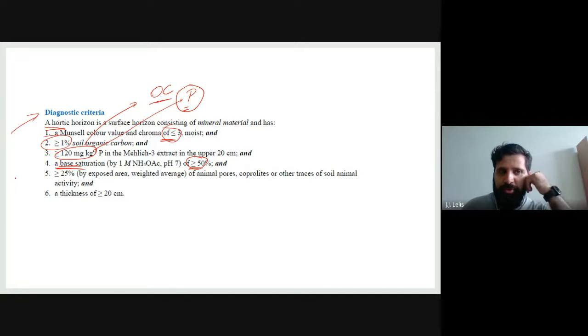So it should present a dark horizon with a lot of phosphorus and a lot of nutrients. And we discussed what base saturation is in the last class.